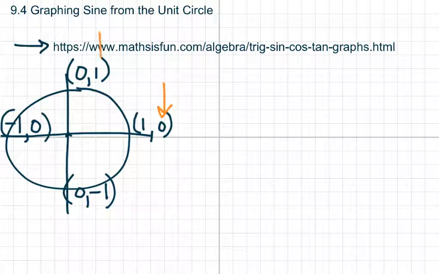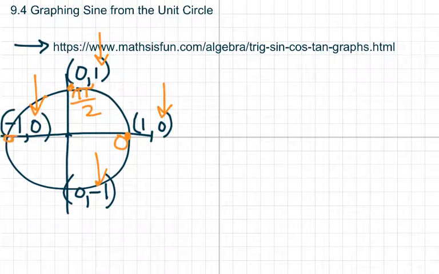Say I want to look at the sine values only. Remember, sine is associated with y. If I was going to look at radians, this is 0 radians. This is pi over 2 radians, pi radians, and 3 pi over 2 radians.